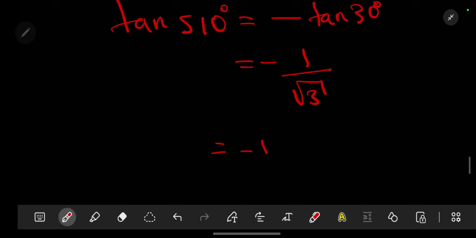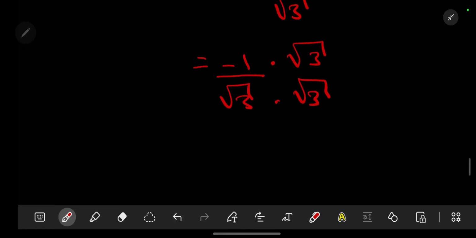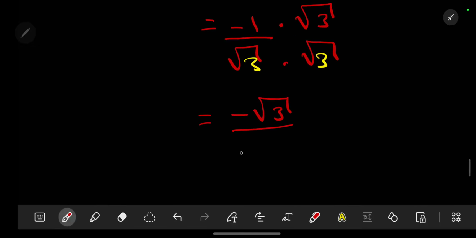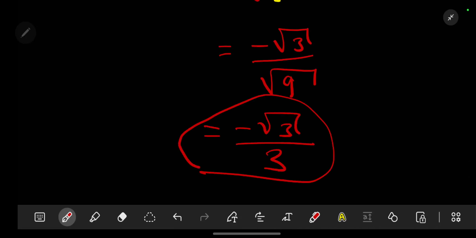Rationalizing the denominator, it will be negative 1 times the root of 3 on top and root 3 times root 3 at the bottom. This gives us negative root 3 over the root of 9, which is 3.